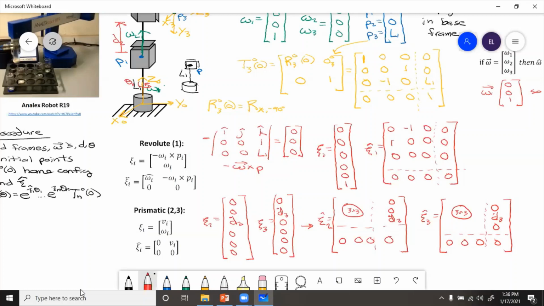Then the final thing to do is multiply all of these together times the home configuration and get to the final transformation.